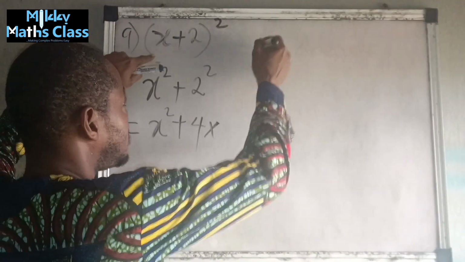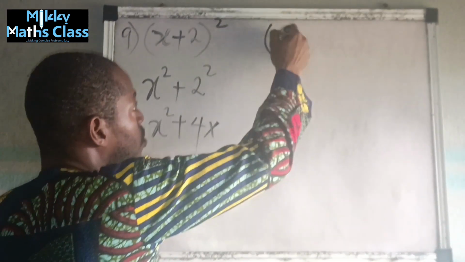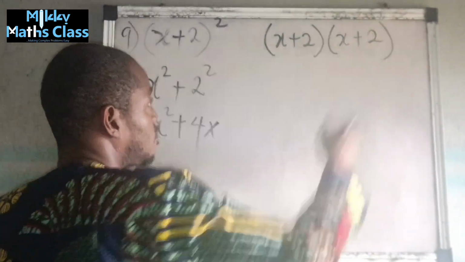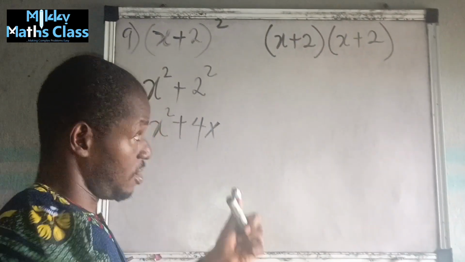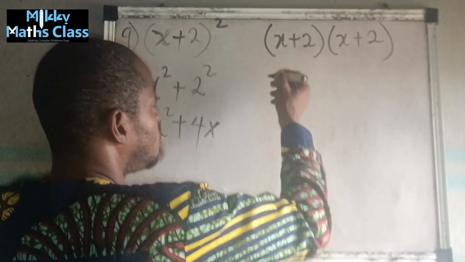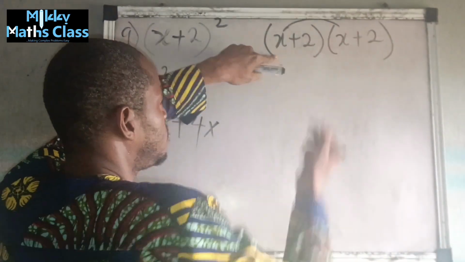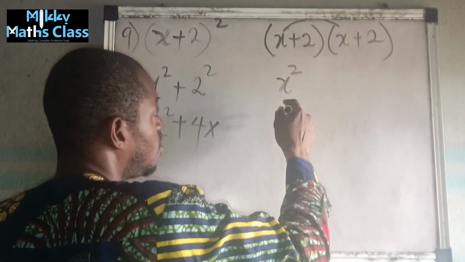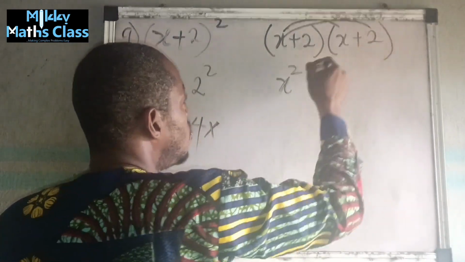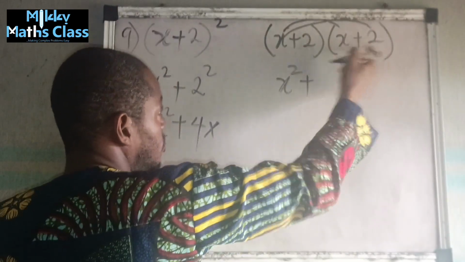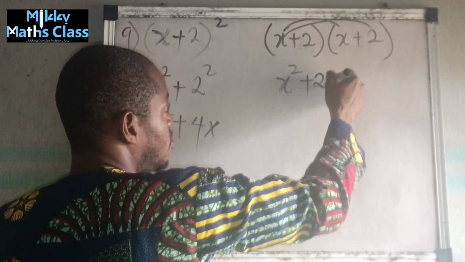And how do we expand it? This is x plus 2 multiplied by x plus 2. That's what this thing means. Squared means multiply it by itself. Now, we use the FOIL method. The first term times the first term, x times x, x to the power of 2. The outer terms, x times 2, that's 2x.